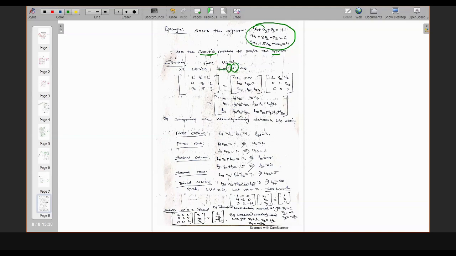In the upper triangular matrix, you should replace your diagonal elements U11, U22, U33 by 1, since it is a 3 by 3 system.